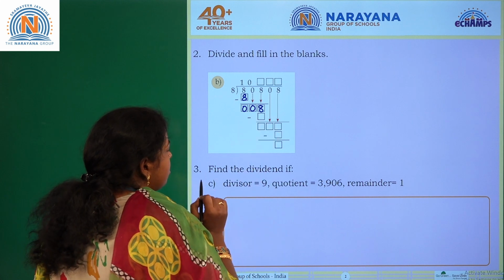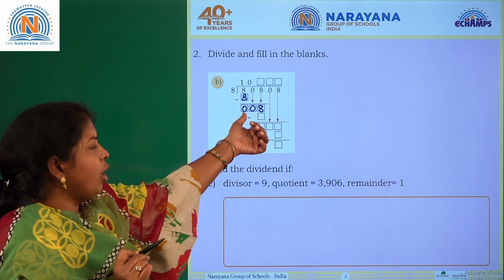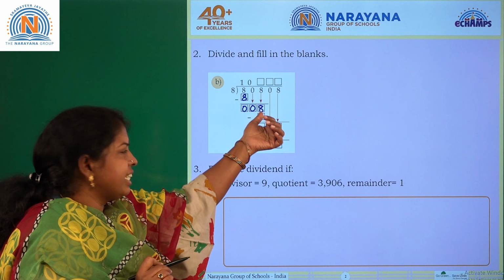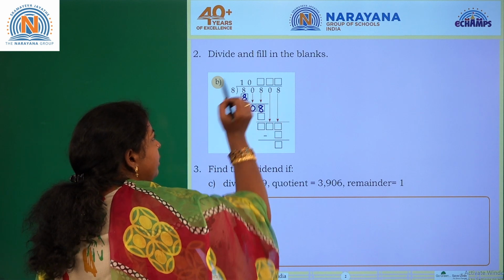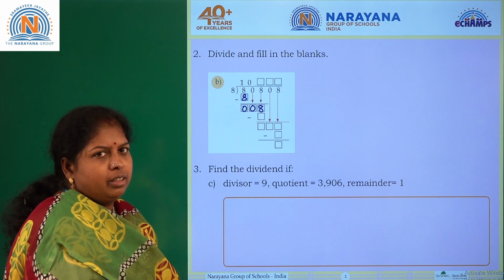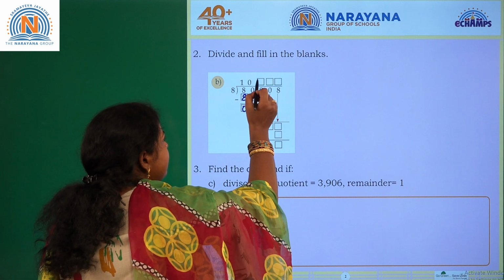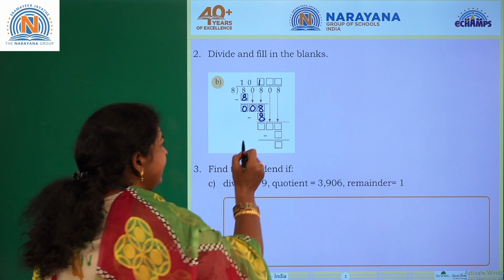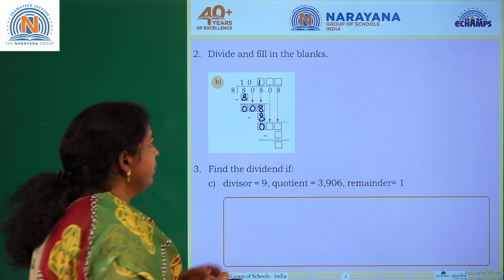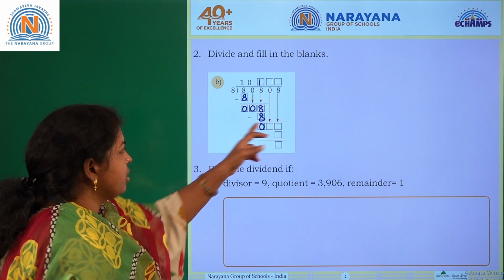If you are having 0 after 8, immediately you consider the next digit also. You have to take 0 here. Now 8 ones are 8. So 8 minus 8 again is 0, and now you are having one more 0 here.